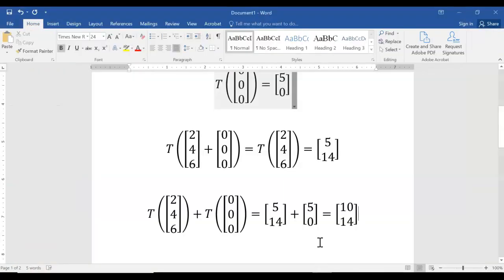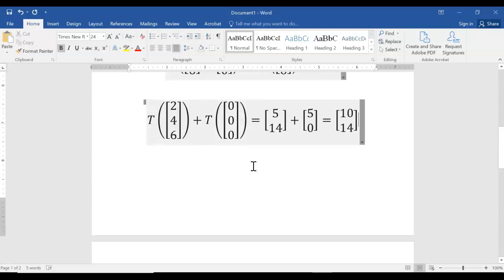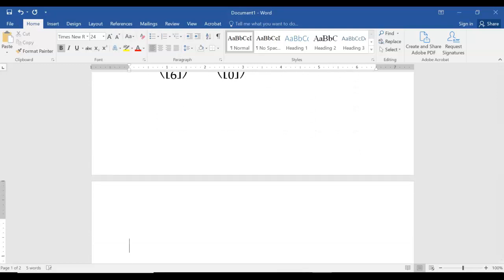Otherwise, we're stuck in a situation like this. If this is not the 0 vector, adding a 0 vector, well, how do I say this? Let me do this more general.